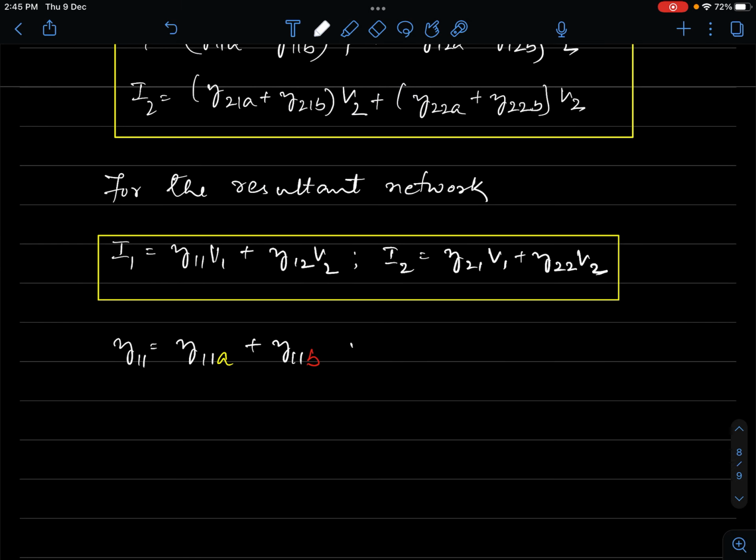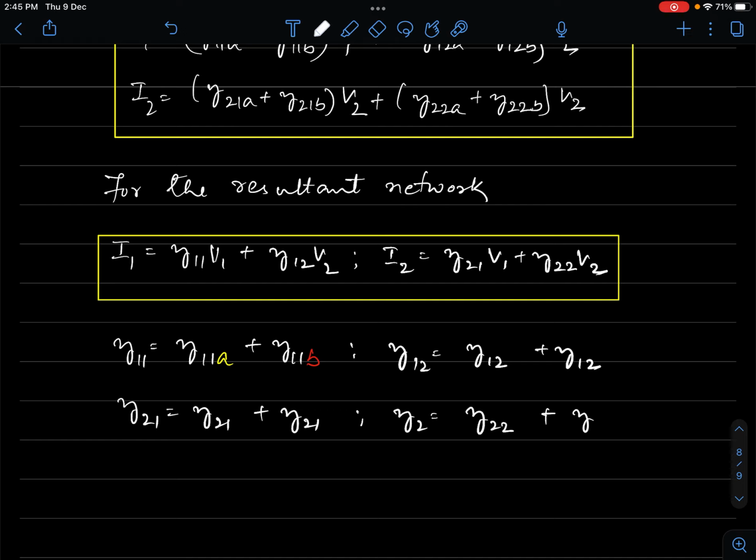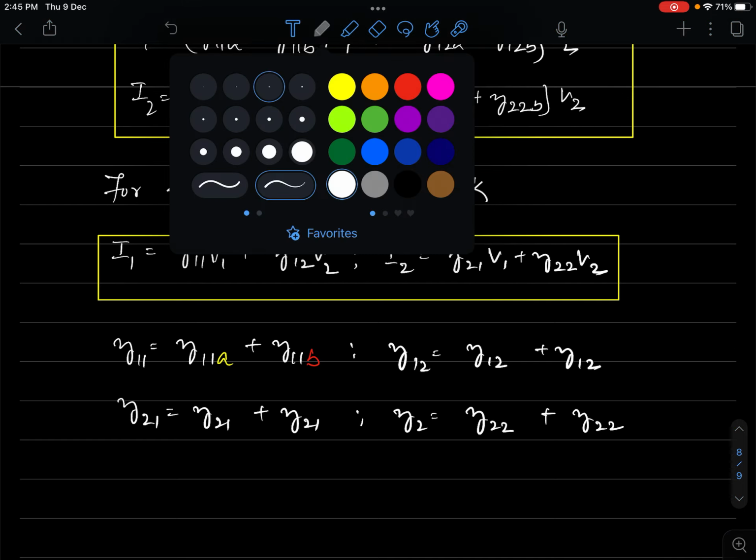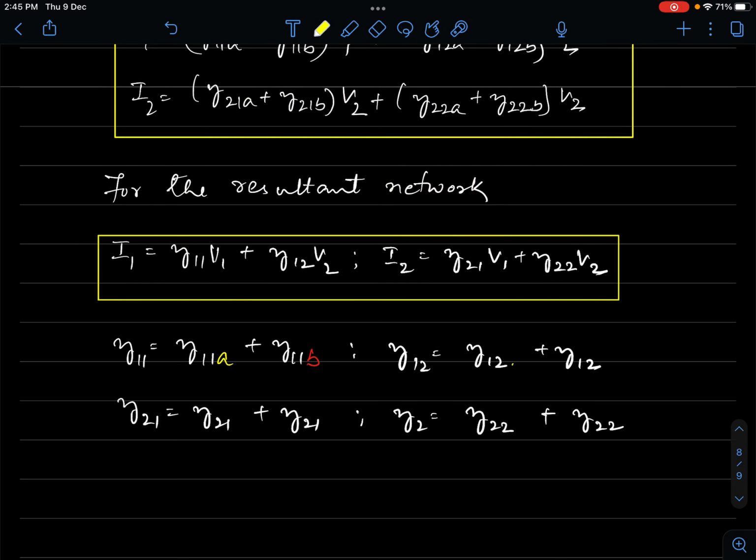Similarly we can write the other things. I will first write and then put the suffix. So y12 equal to y12a plus y12b, y21 equal to y21a plus y21b, and y22 equal to y22a plus y22b.